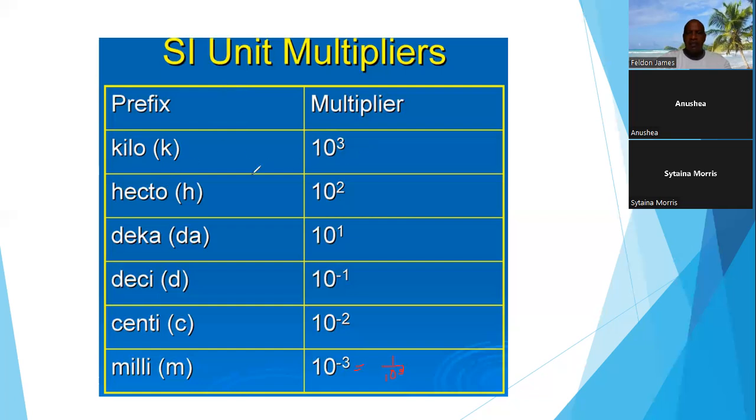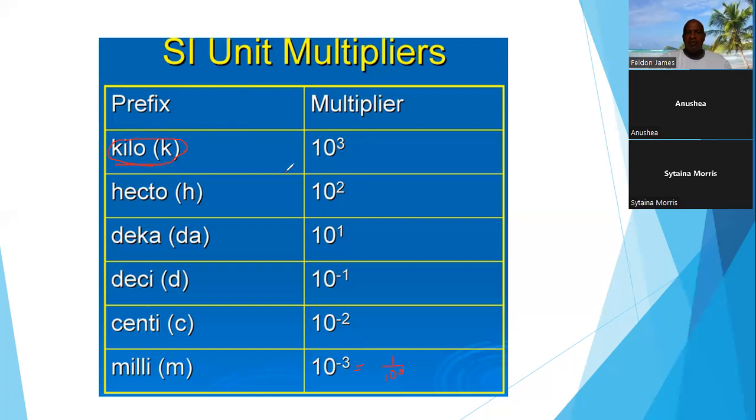Okay. So I was saying to you that these powers of tens in the SI system, the System International, are denoted by these prefixes. All right. Now, if we are dealing with anything with power of 10 to the third power, we generally say kilo.